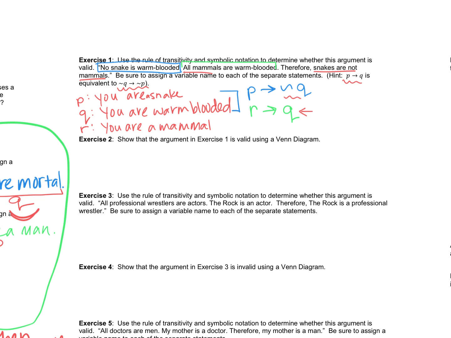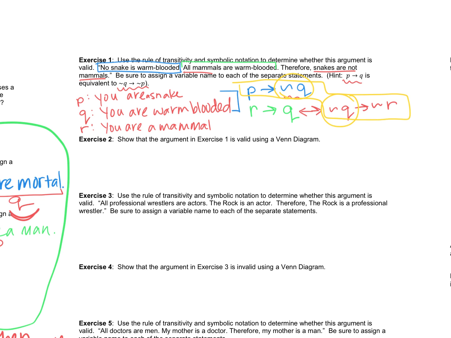If I rewrite this to not Q implies not R, you can see that we have a string built up here, because as soon as you have a conclusion and a premise that match, we can combine those together.